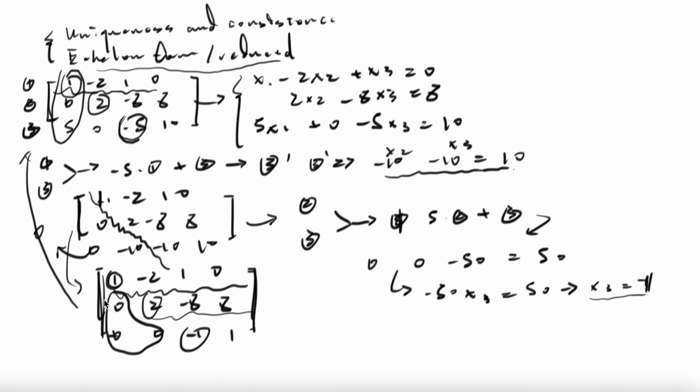In the echelon form, any number at the leftmost position of the row will be the pivotal value. And these three are the pivotal positions here. So this is the second definition.